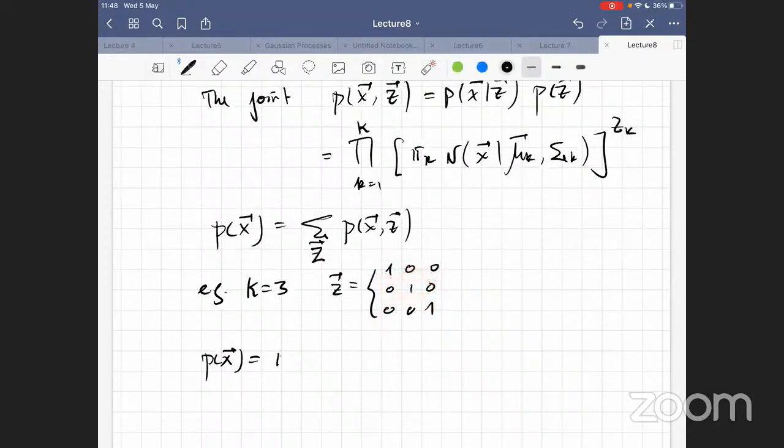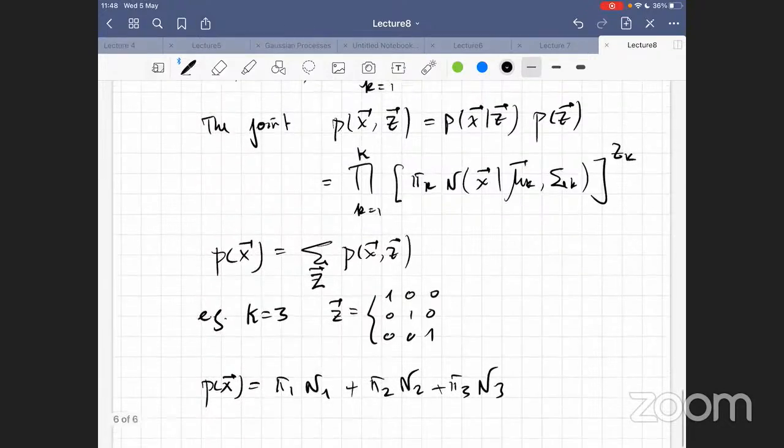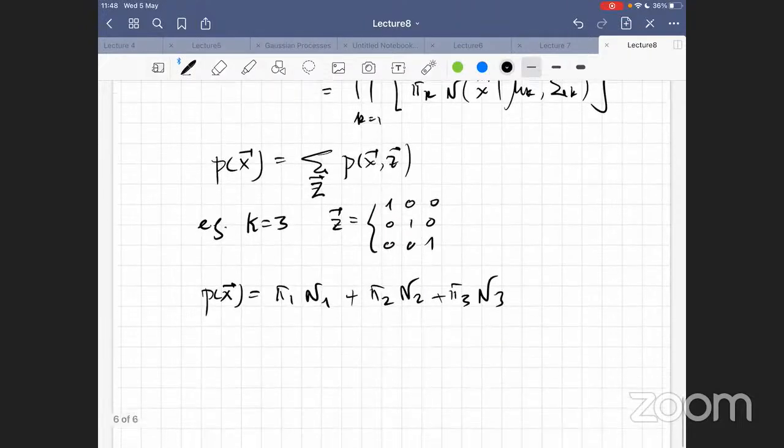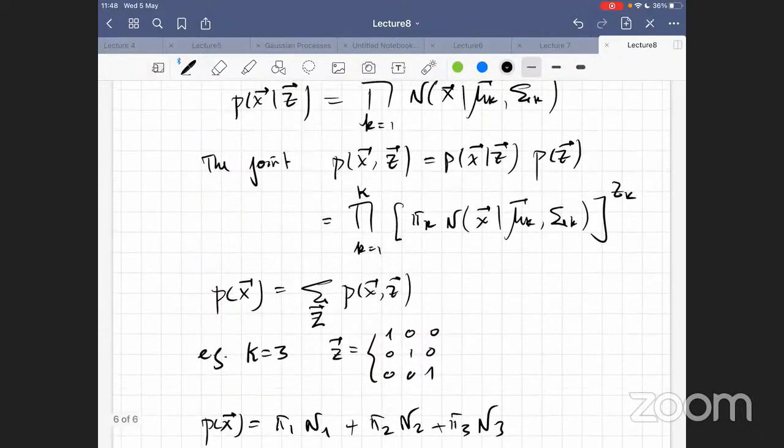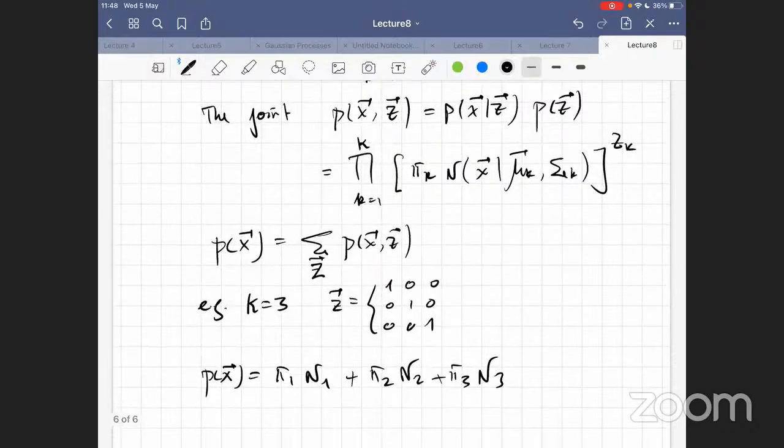By doing this, I just get pi 1 times this first Gaussian, plus pi 2 times this second Gaussian, plus pi 3 times the third Gaussian, which is what it should be. So this joint has the correct shape because when I marginalize over Z, I get the original probabilistic model, which is just a mixture of Gaussians.